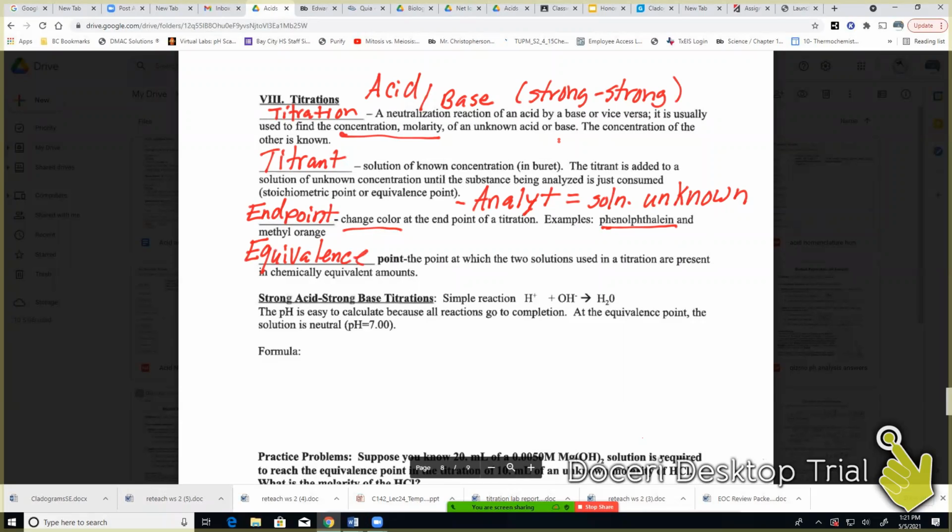So the equivalence point is a point at which the 2 solutions used in the titration are present in a chemically equivalent amount. So for our acid-base, that means when I hit the end point and I see a color change, the moles of my acid are equal to the moles of my base.